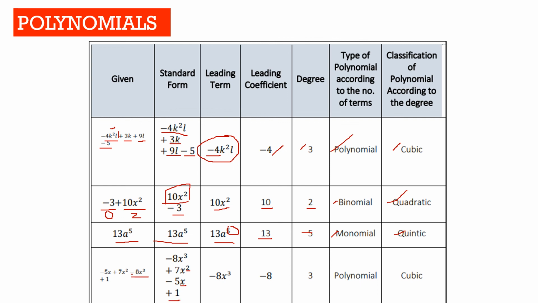The leading term is negative 8x cubed. Our leading coefficient is negative 8. The exponent of our literal coefficient is 3, which makes it a cubic polynomial. And the expression has 4 terms, so it is considered a polynomial.